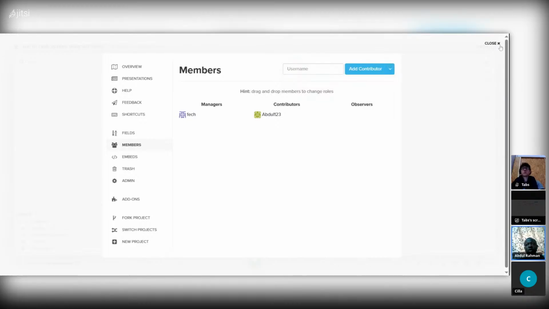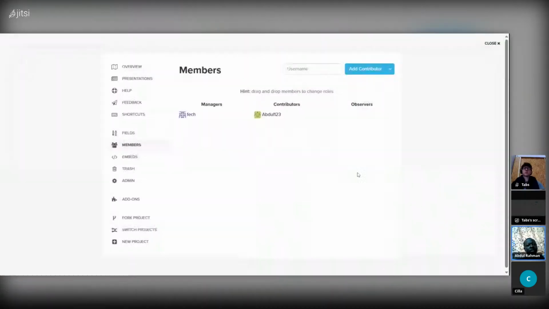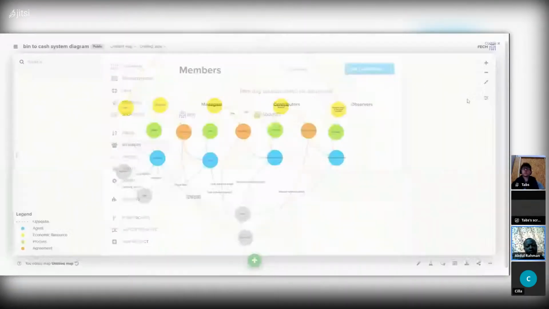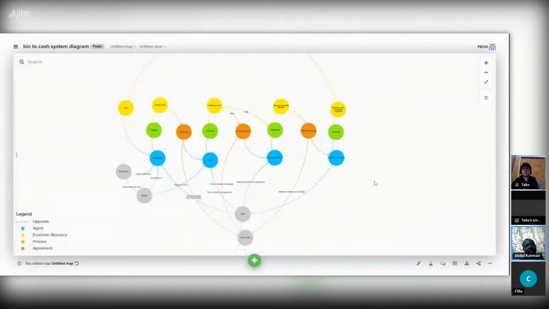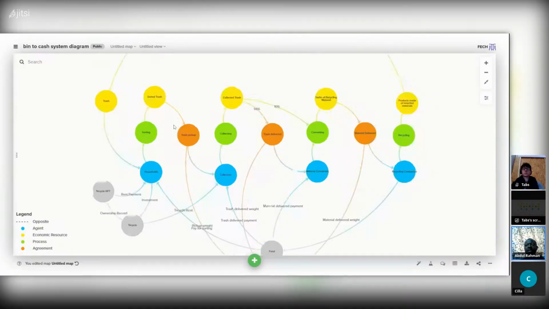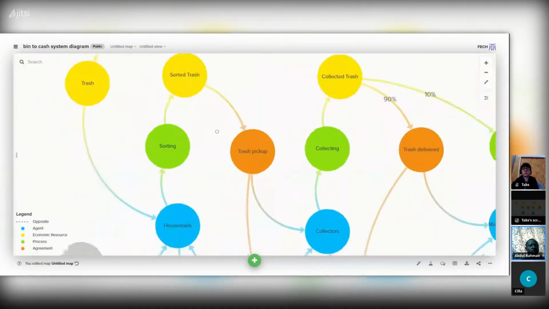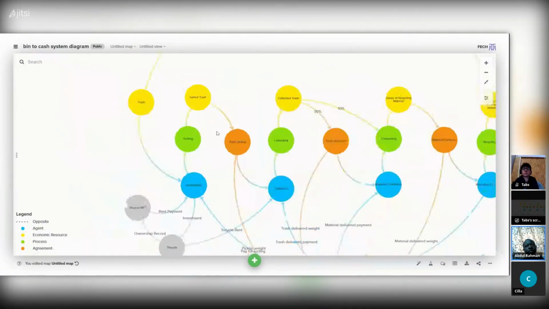It's being logged into an escrow market, and when the sorted trash is validated, that yes, it's 50 kilograms or 20 kilograms of sorted trash, the money is automatically paid to the sorter for sorting that amount of trash. But if it's going to be an NFT, then we are going to use a mint validator.